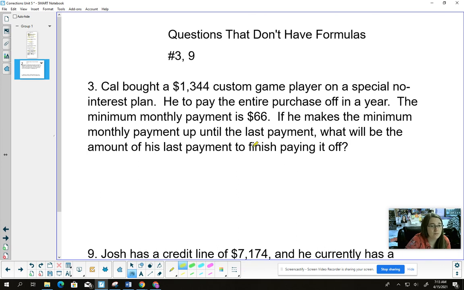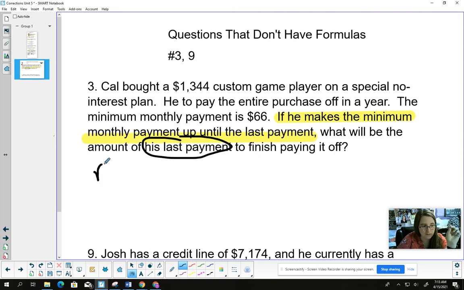Here's where most people who miss this question, this is what they did. If he makes the minimum monthly payment up until the last payment. If you recall with this question, he has not made his last payment. He has a year, which is 12 months. However, he has not made that last month payment yet.